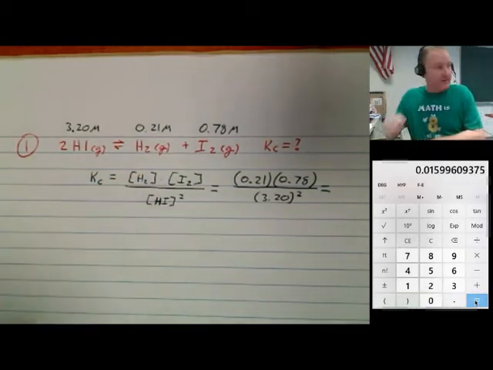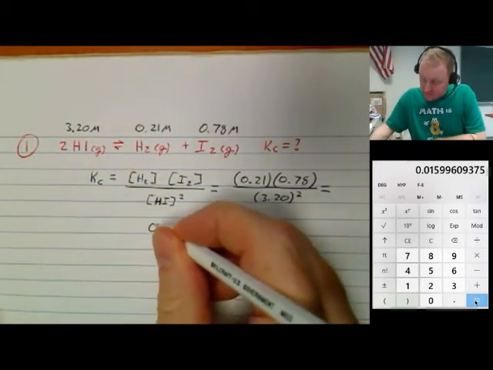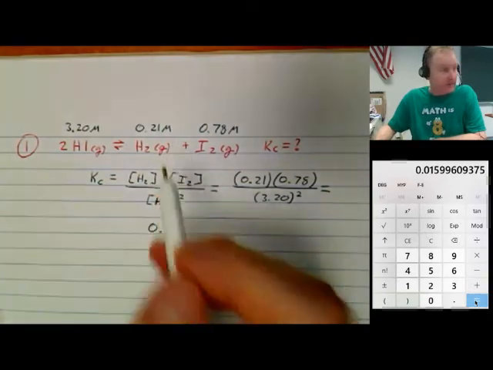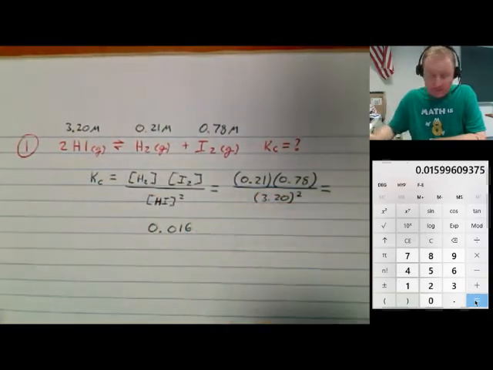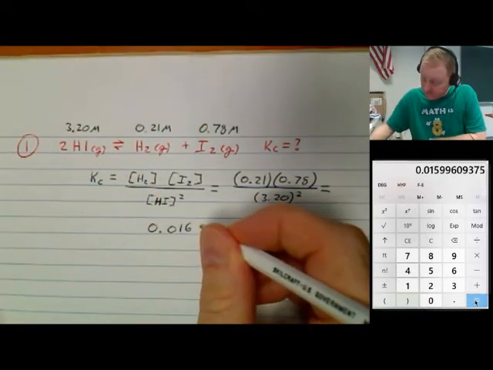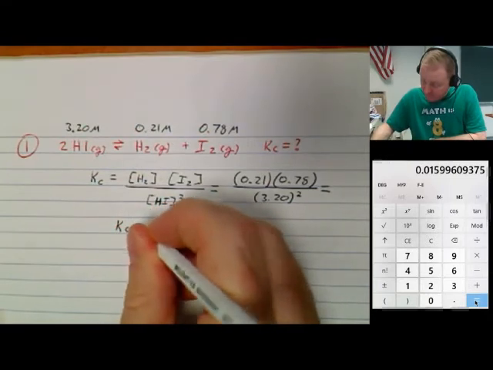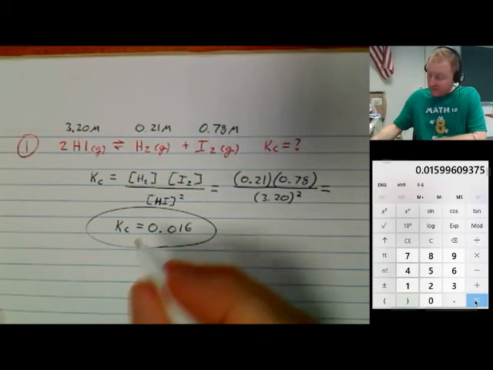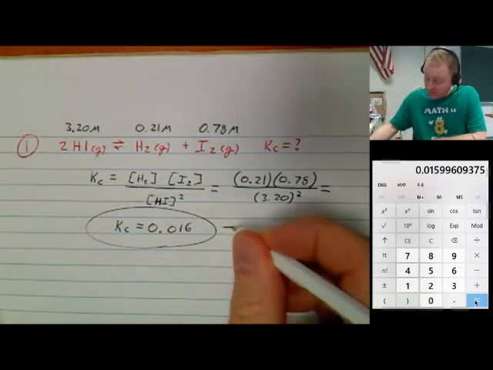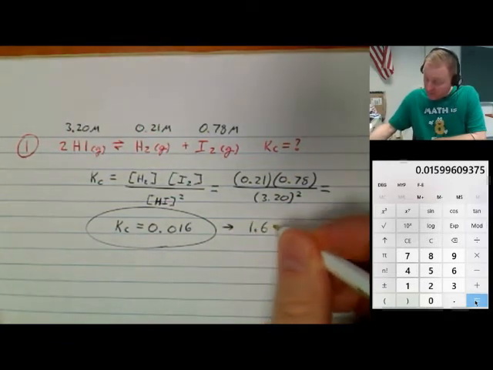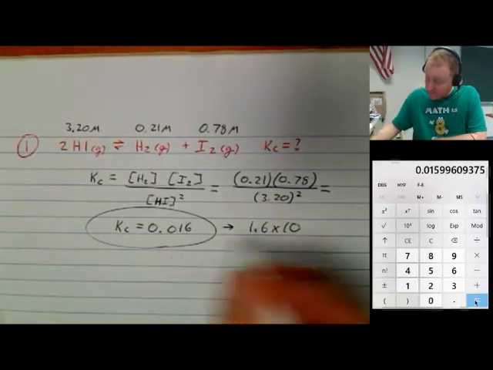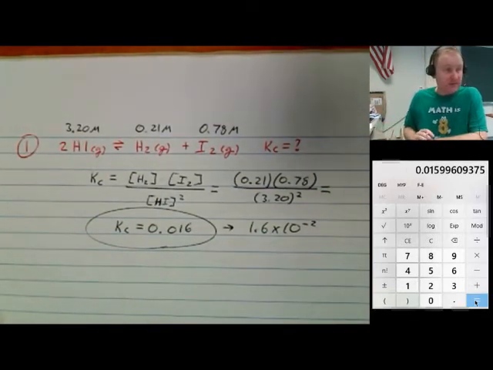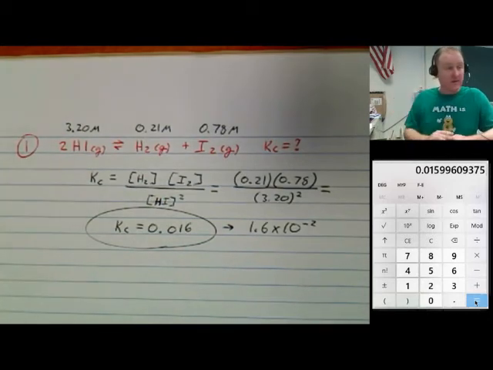What I've got here is 0.016. With two significant figures, that's 0.016 as my Kc. And that's it. You could have written it in scientific notation also, which would be 1.6 times 10 to the negative 2. That's the same answer. You could have written it either way, and that's great.